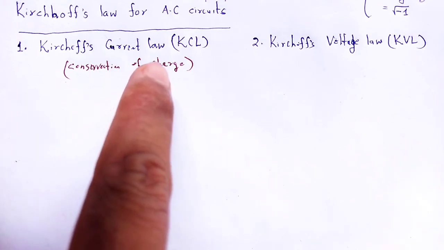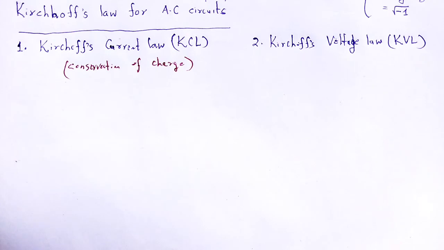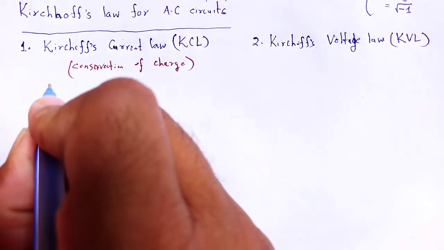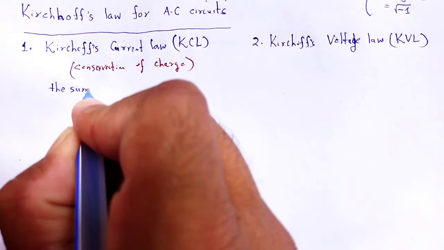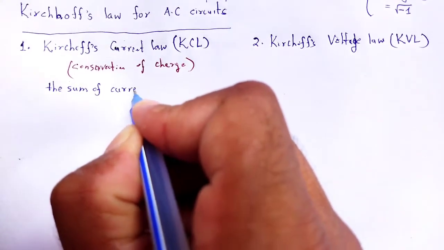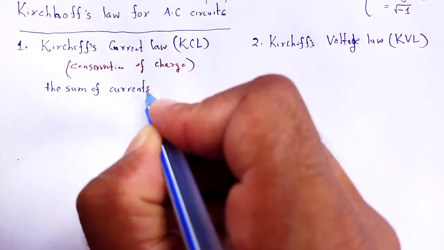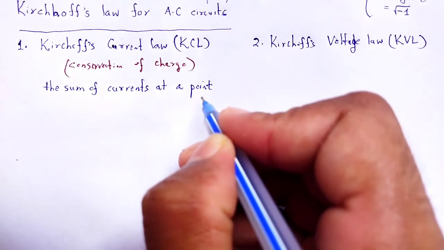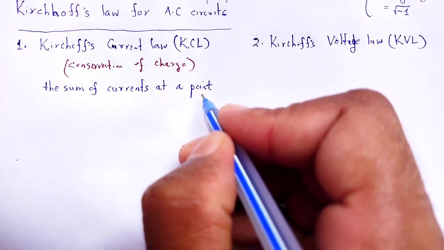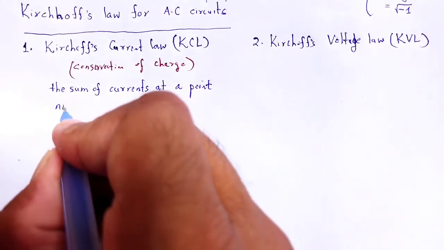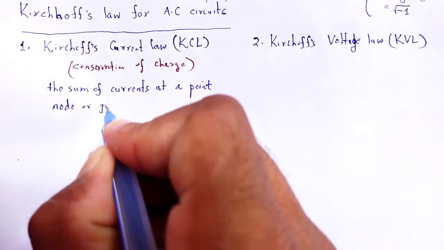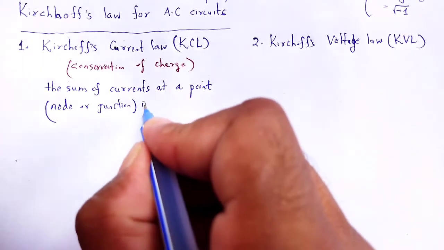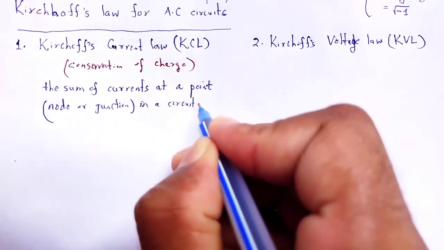So the statement of Kirchhoff's current law here is that the sum of currents at a point, which is known as a node or junction, in a circuit is 0.